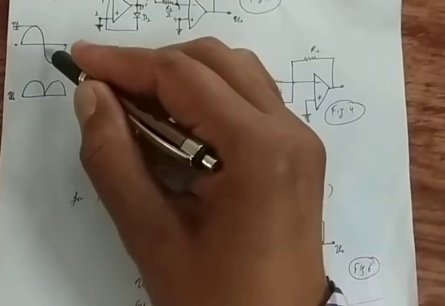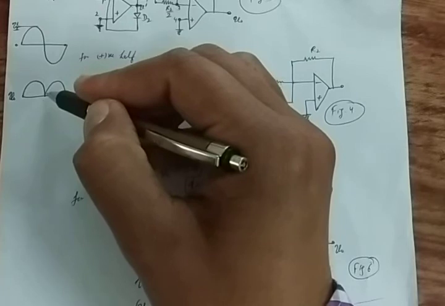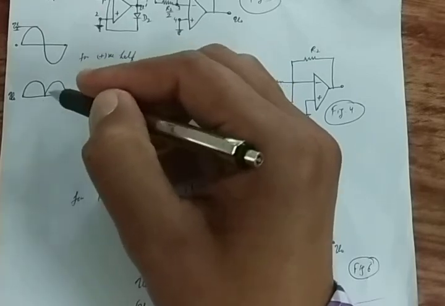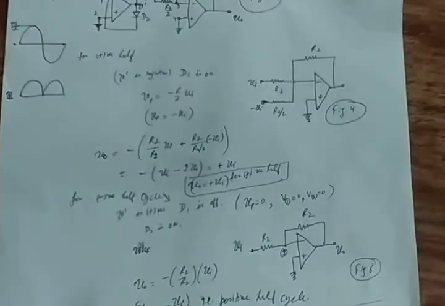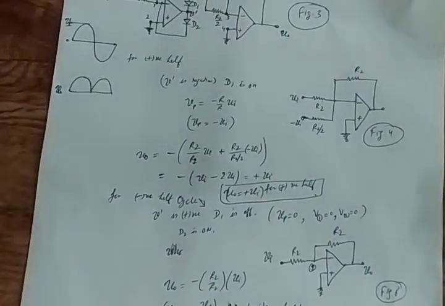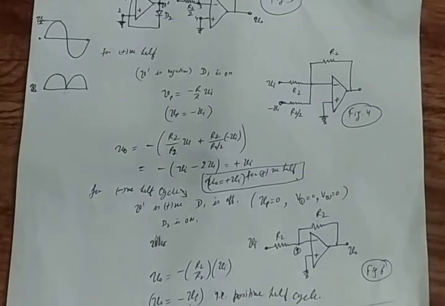That is, what is given in the input, its phase is changed by 180 degrees. So this negative half cycle also becomes positive half cycle. So in this way the full wave rectification is achieved by using op-amp.